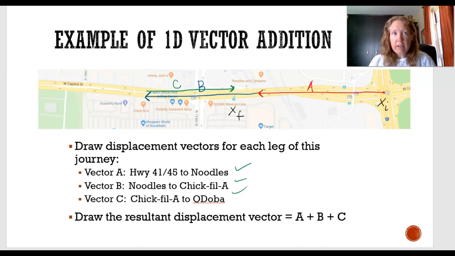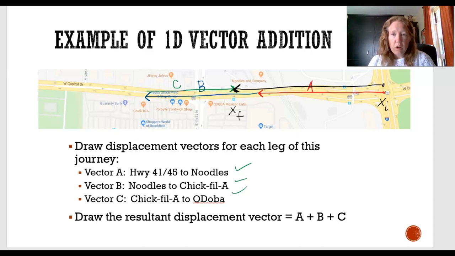So if I draw a vector, I'm just going to draw it straight from my initial position to my final position, okay? And that is what we call the resultant displacement vector, but it's just another displacement vector that represents the sum of all of that travel, okay?